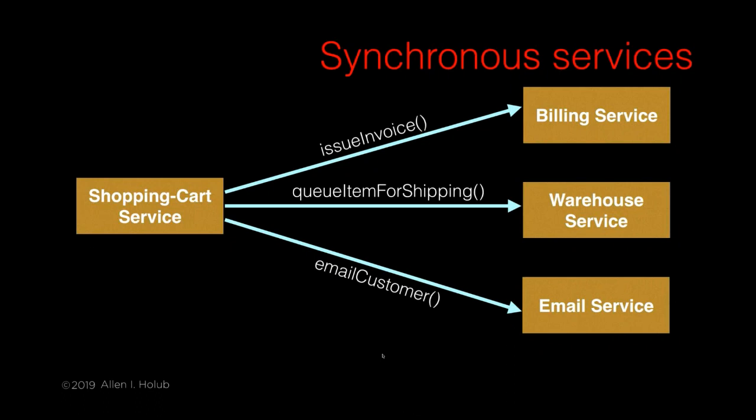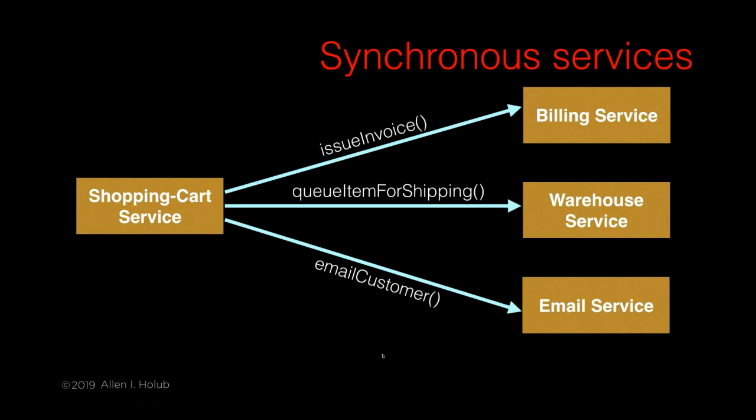So if I needed to change that issue invoice API, adding arguments, for example, or maybe making it a two-step process when it's now a single-step process, I have to also change the shopping cart service in order to handle the changes in the billing service. And this is a bad thing. For one thing, it damages our independent deployability principle: the billing service cannot change without having to redeploy it and also redeploy a changed shopping cart service that's designed to accept the new billing service.